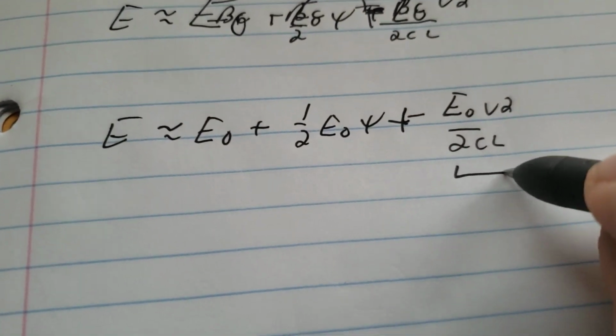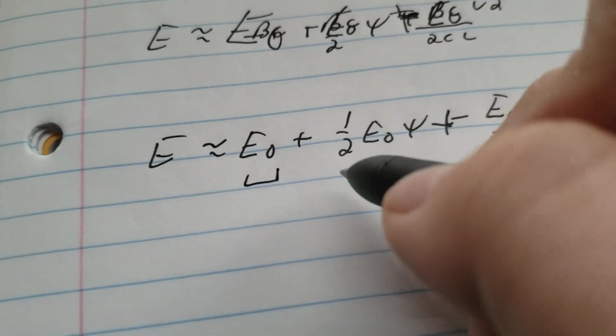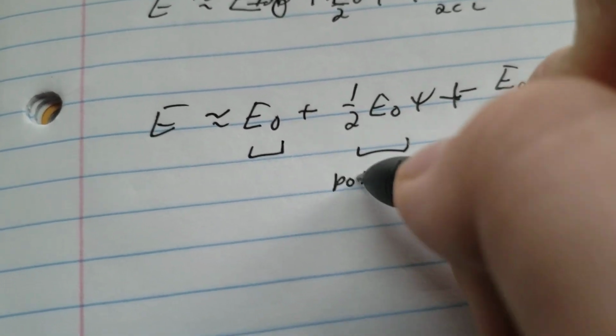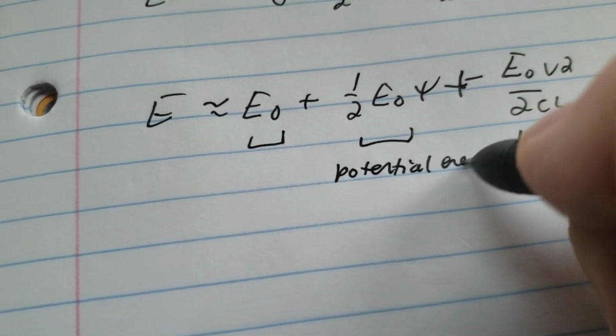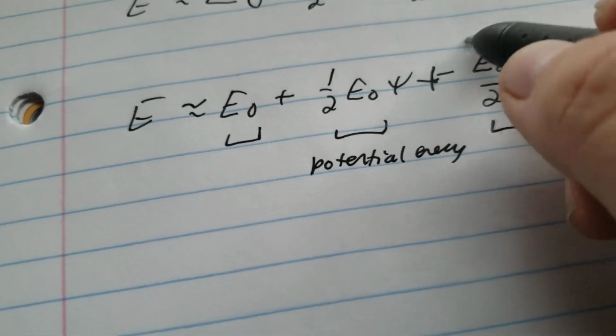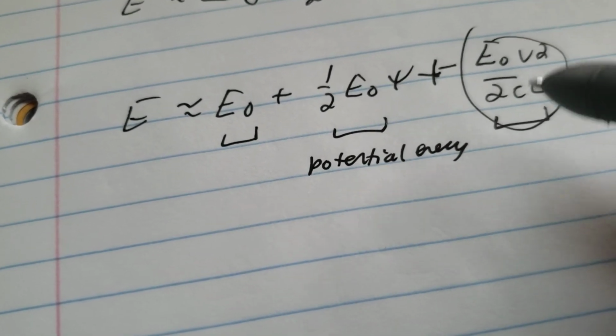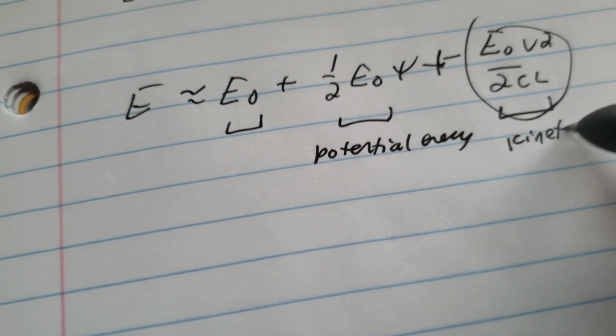Now that's our energy. If you strip away the self energy, the rest energy, and you strip away all the energy due to motion, you're left with this, and we call this the potential energy. And then you take away the rest energy and the potential energy, and you're left with parts that are specifically due to velocity and motion, and we call this kinetic energy.